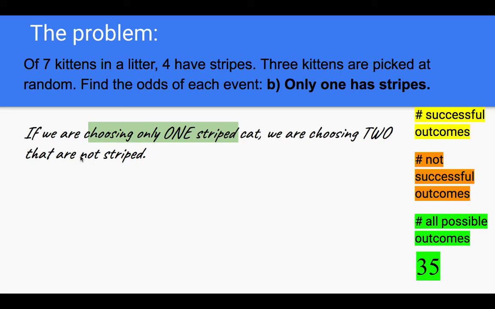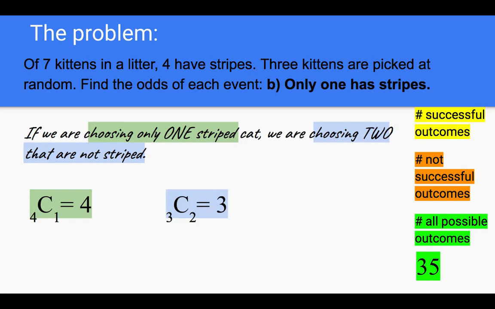Choosing 1 striped cat and choosing 2 that are not striped. How do you choose 1 striped cat? Well, again, a problem of combinations, 4 different options because 4 different kittens have stripes and you just have to choose 1. So it's 4C1 and this number is 4. And for the other one, how do you choose 2 that are not striped? Well, you have 3 different options because there are 3 kittens that are not striped and you have to choose 2.